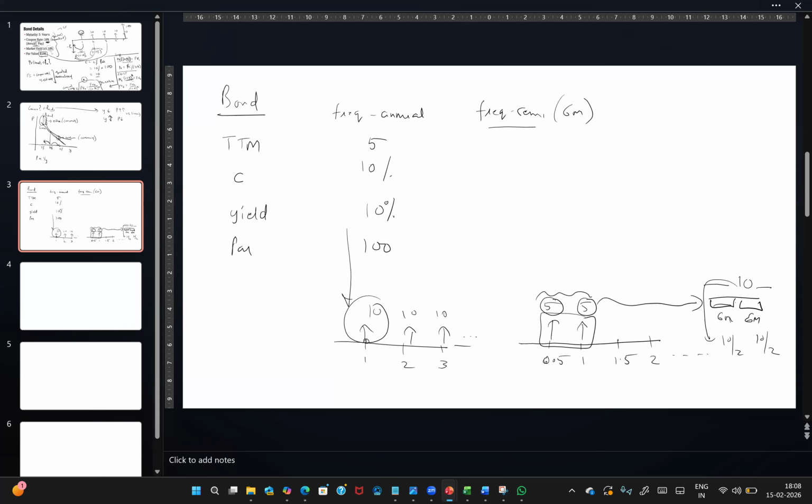Hence, whenever we have compounding in our bond problem, we will always divide the coupon by the frequency. In this case, frequency was 2, so my coupon rate became 5% on the par. Similarly, the yield also will have to be divided by 2.